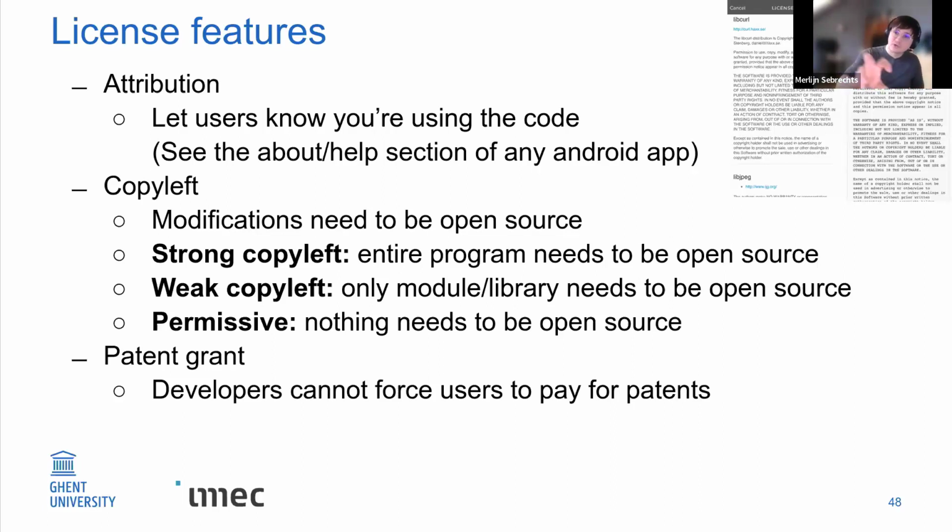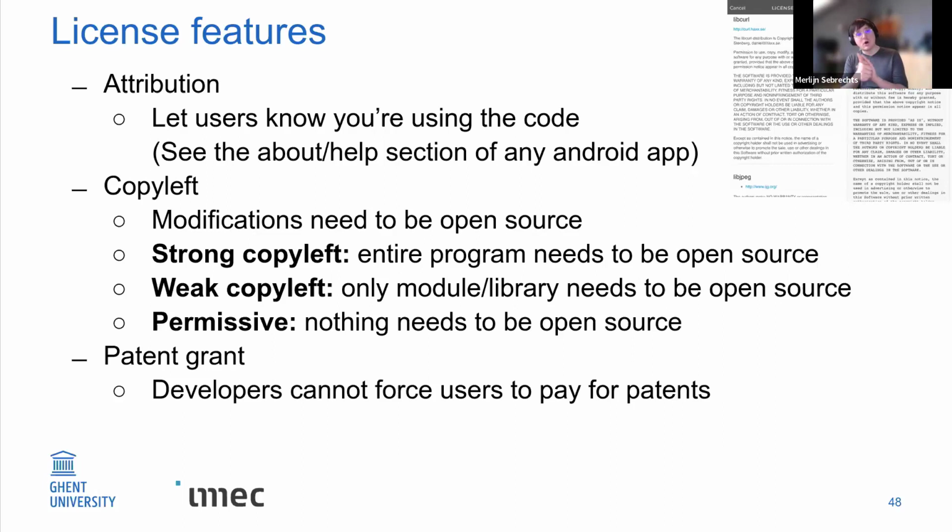I put a screenshot of the app of Instagram specifically on the right there. If you go to Instagram and search long enough, you will find a section of Instagram that explains, hey, yeah, we're using all these different pieces of open source software, and those are all the licenses of these pieces of open source software. The reason why Instagram does this is because they are required to do so by the licenses of the open source software that they're using.